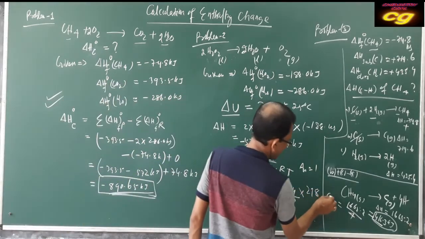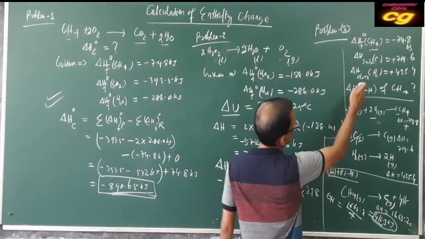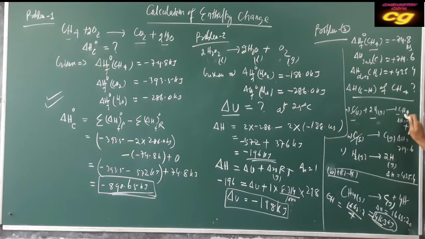So from the data we have to think what we have to calculate. As this is the data given: formation of methane, formation bond, sublimation of carbon and dissociation of hydrogen. So we have to convert methane into dissociation form. From this reaction, which equation we have to add, which equation we have to subtract, you have to think.